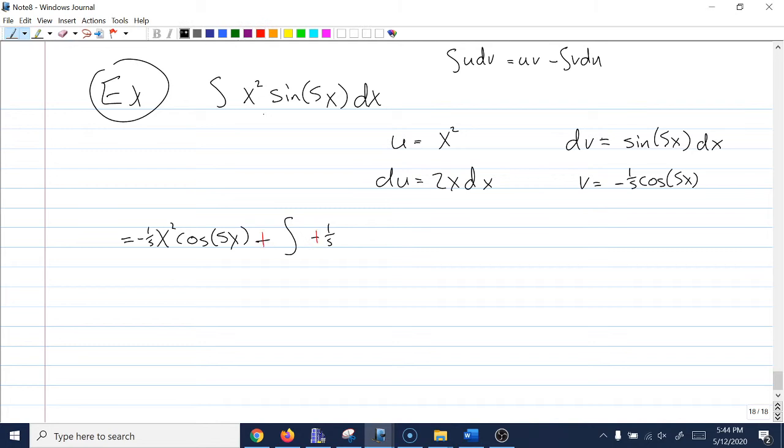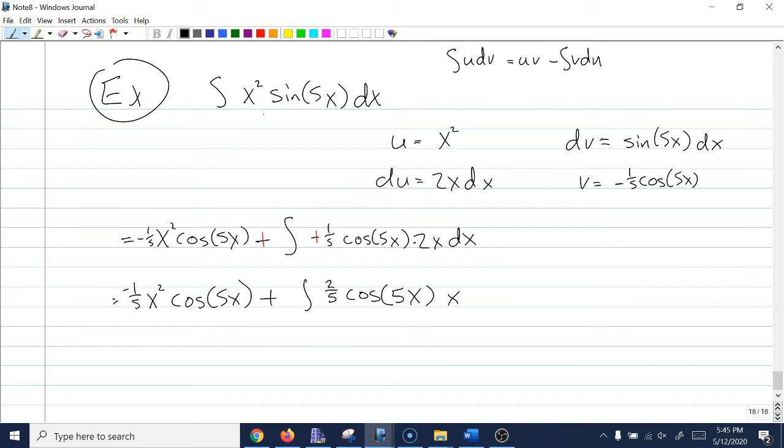Plus 1/5 cosine 5x du, plus, if I pull all these constants out, it'll be 2/5. Usually I want to pull that outside of the integral. I'm going to leave it right inside the integral this time for a good reason that you will see in a second.